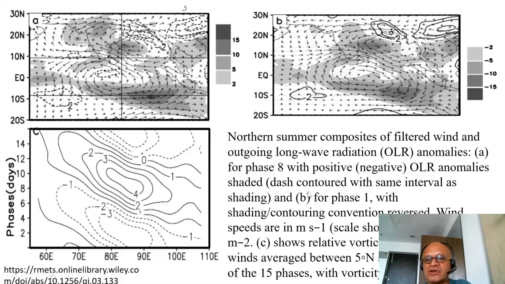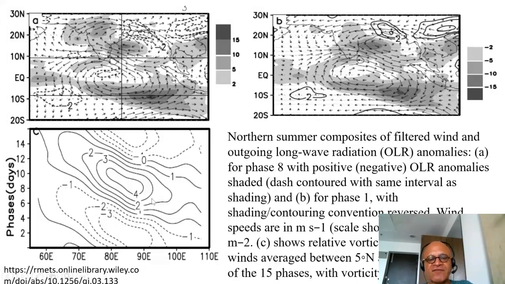But the main thing here is that this filtered time series has been split into phases, phase 1 to 15, using an EOF technique, which I'm not going to go into, but it is similar to the MJO kind of phase structuring using meridional and zonal winds and OLR, and using EOF on them to generate a phase of how the 10 to 20 day mode propagates within the domain.